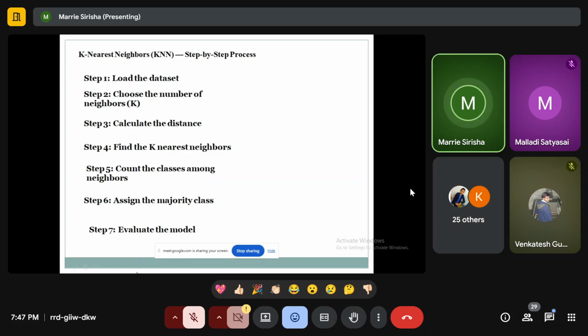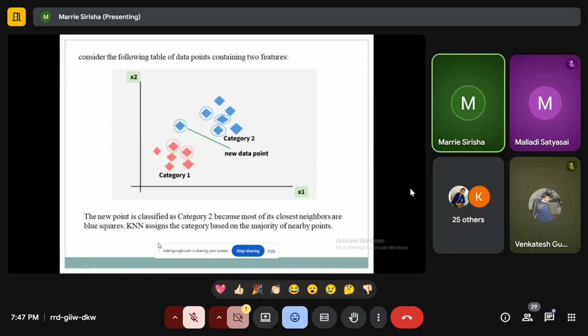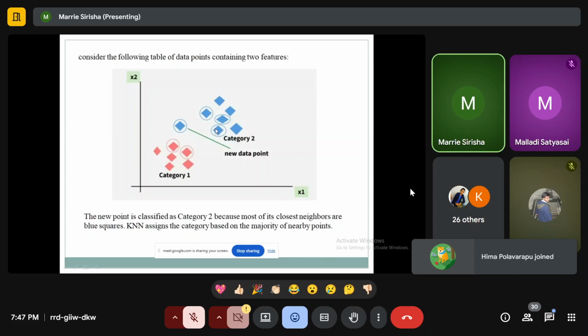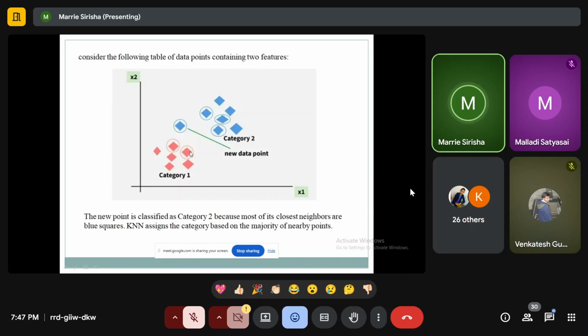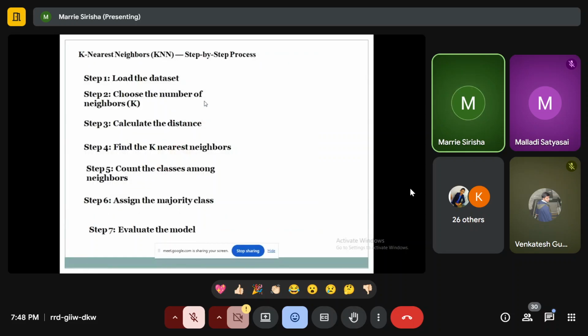నెక్స్ట్, assign the majority class. అంటే see I have 3 data points in my category 2 and 2 data points in my category 1. Which is majority? Obviously category 2 has 3 majority points. So మెజారిటీ ఏది ఎక్కువ ఉంటే నేను నా పర్టికులర్ డేటా పాయింట్ ని అదే కేటగిరీలో అసైన్ చేస్తున్నా. ఓకే, that is what the step 6 tells.